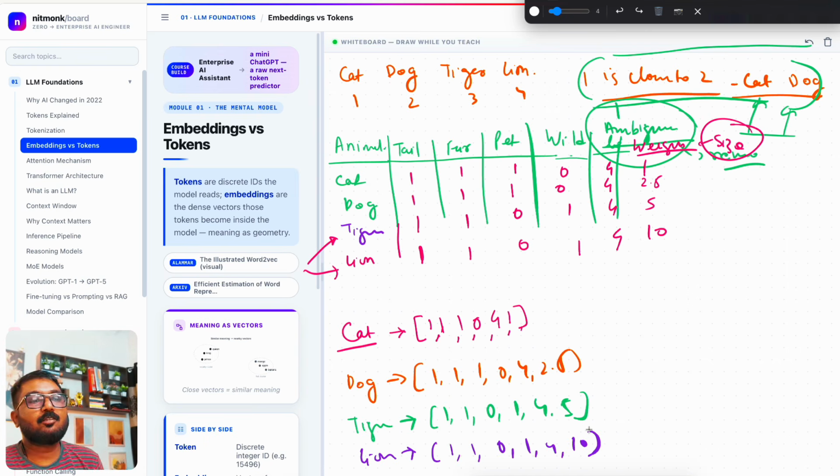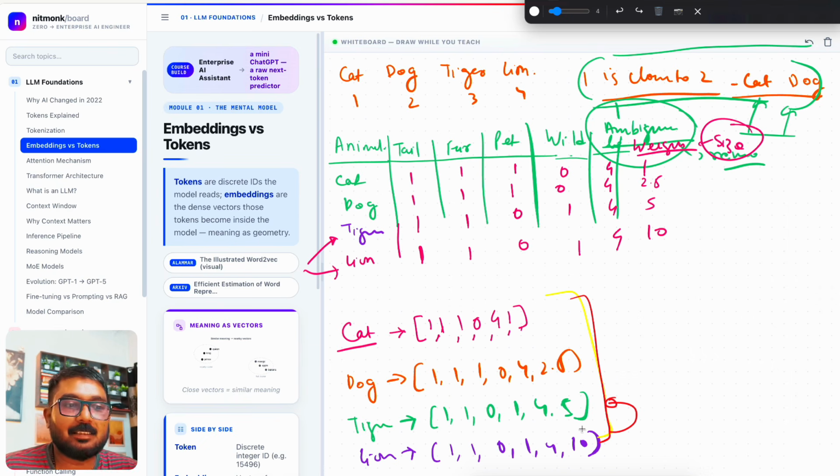Now you see, these are the clues; computers have more data to understand the difference between lion and tiger, and say yes, there is only one weight difference, otherwise tiger and lion are similar. There is only one difference between cat and dog, otherwise dog and cat are similar. So what we did here, basically, we created how many dimensions?